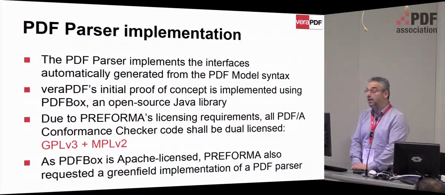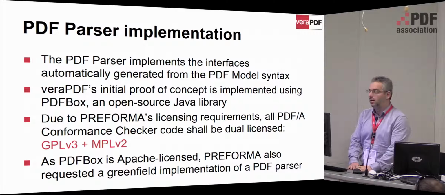However, as we are dealing with very specific licensing requirements coming from the archivists' world and the European Commission, all code we deliver has to be dual licensed under GPL v3 and MPL v2, as according to them, this is the only way to make sure the code survives for hundreds of years.